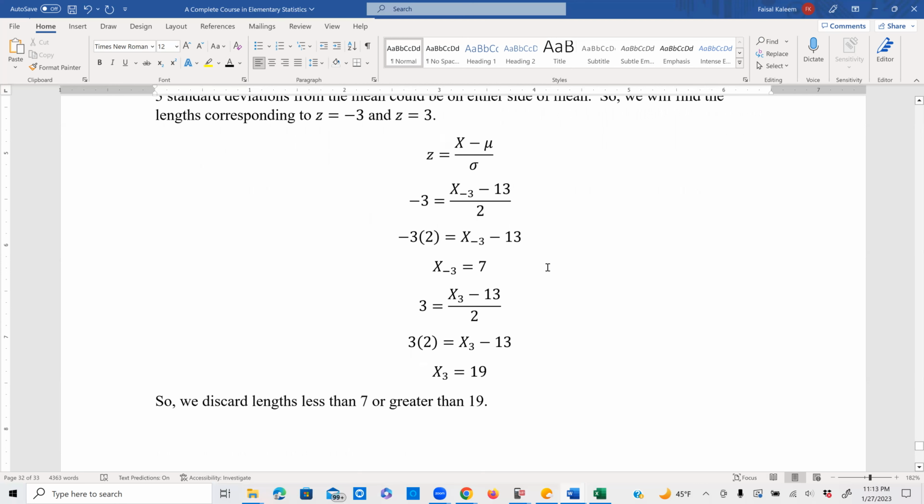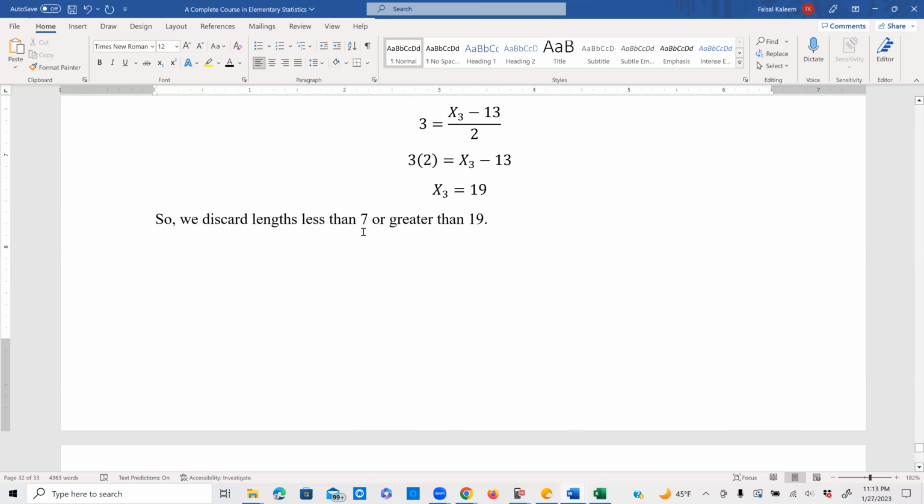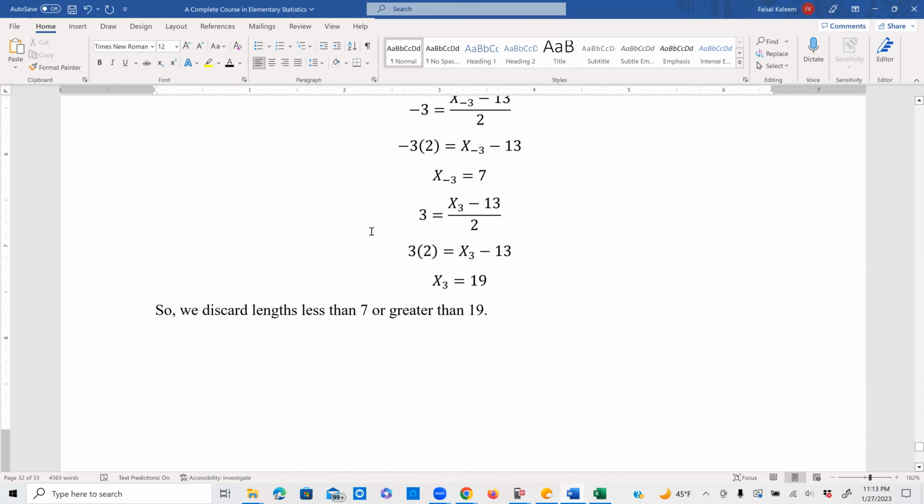If we are between 7 and 19, we are within 3 standard deviations, and if we are less than 7 or greater than 19, then we are more than 3 standard deviations away. At 7 and at 19, we are exactly 3 standard deviations. So to discard, you have to be less than 7 or greater than 19.